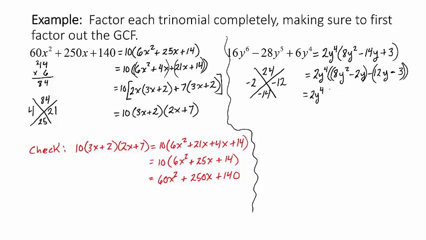2y to the 4th times the quantity in the first grouping, 8y squared minus 2y. I can pull out a 2y, right? So I'll be left with 4y minus 1 when I pull the 2y out. And then in the second term, 12y minus 3, I can pull 3 out, right? And I already pulled out the negatives, so we're good there.